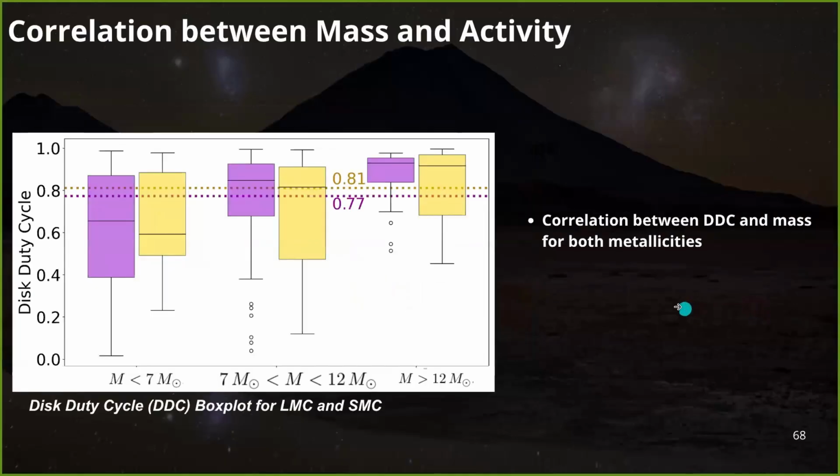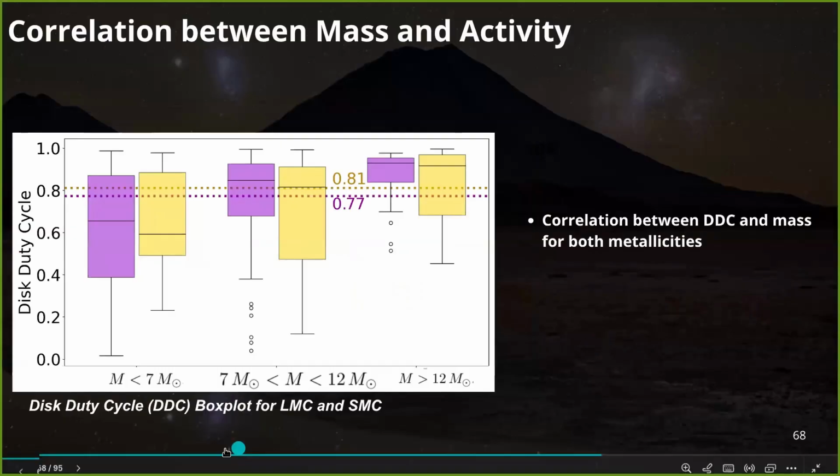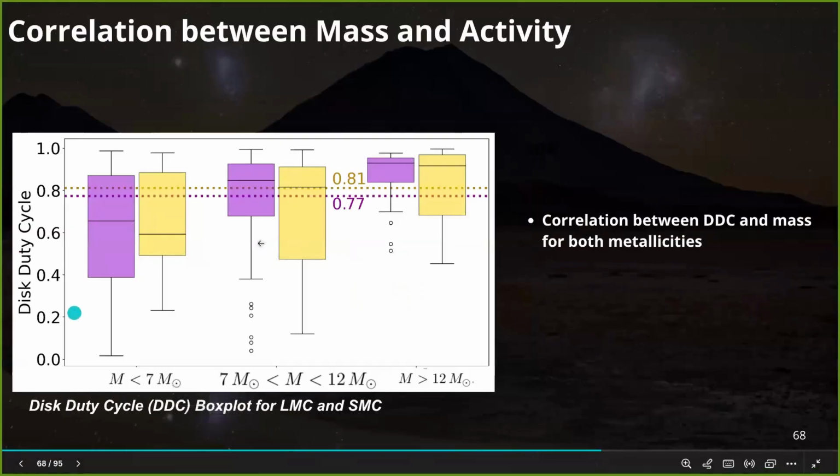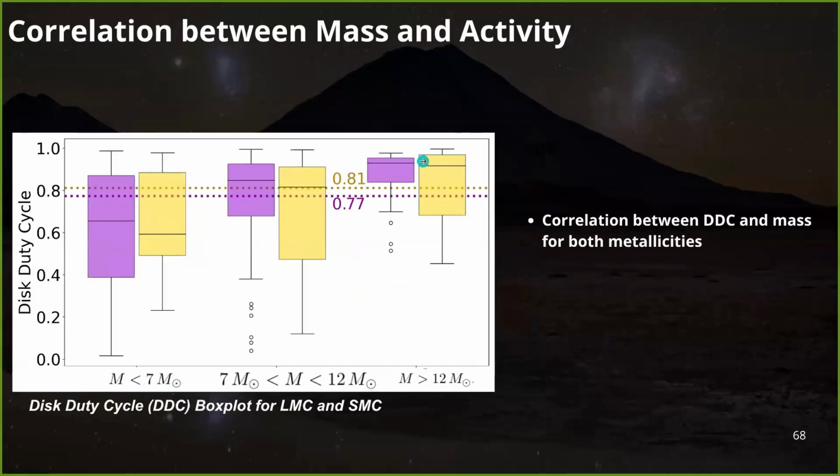Going to another activity metric, the disk cycle, we see that massive stars also tend to keep their disks for longer times. So almost 80% of the time, more massive stars have a disk.